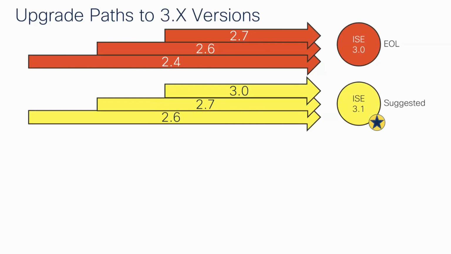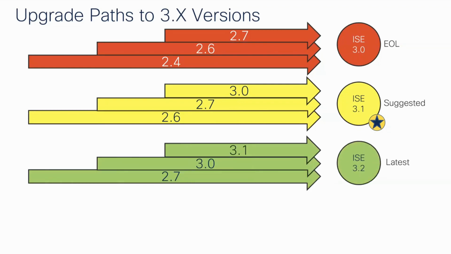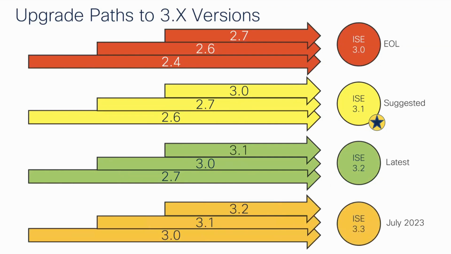From 2.6, 2.7 and 3.0, you can upgrade to the 3.1 version. Whereas from 2.7, 3.0 and 3.1, you can upgrade to 3.2, which is going to become a suggested release soon. And if you want to upgrade your deployment to 3.3, which is going to be released soon, you can upgrade from 3.0, 3.1 and 3.2 to 3.3.